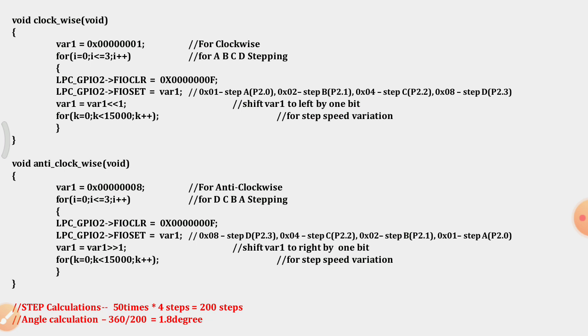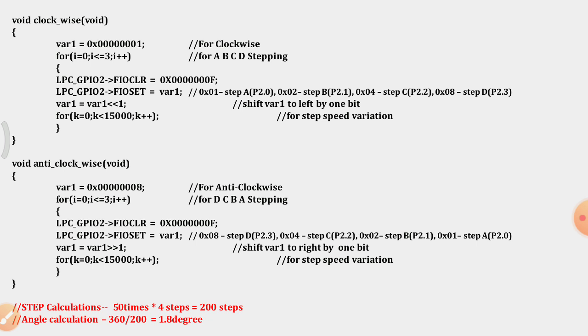Now what will happen? After shifting the var1 value to the left side by 1 position, the value of var1 will become 2. Then I am remaining in the same for loop for 4 times. So in the second time, the var value is now 2.